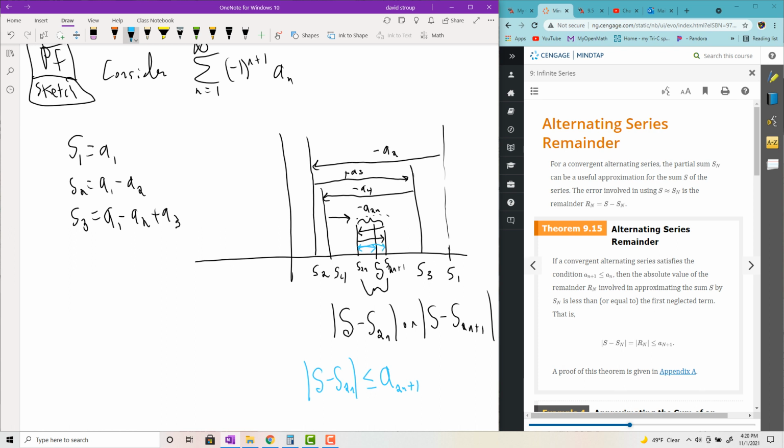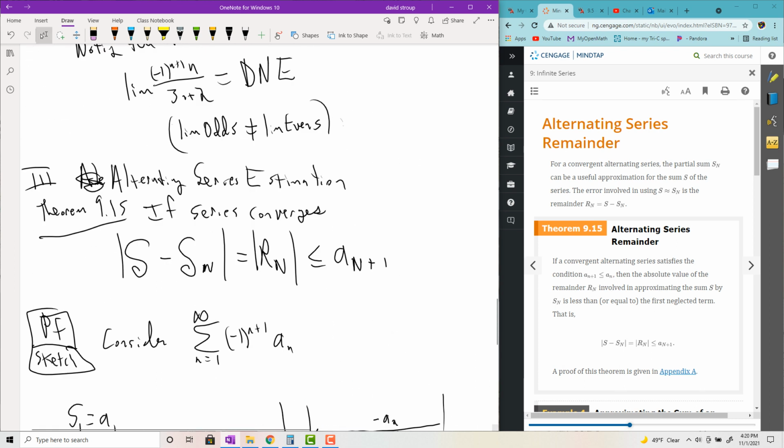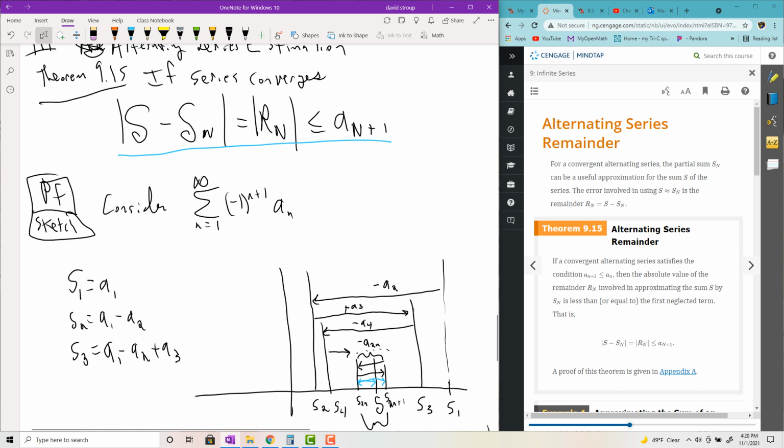Okay, and likewise, the distance between s and s sub 2n plus 1 is going to be less than or equal to the next traveling distance, a sub 2n plus 2, right? So ultimately then you can make this statement that the difference between s and the nth partial sum is less than the next term in line, because the things will be marked off by the a sub n plus 1.